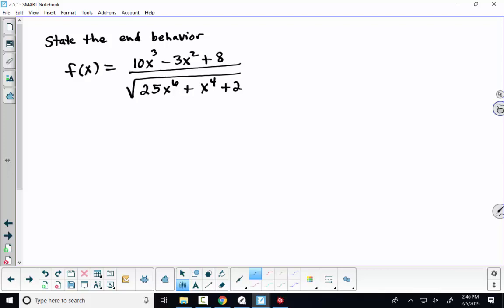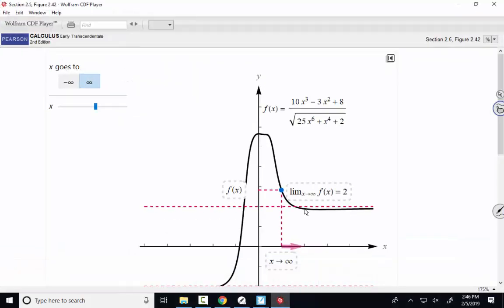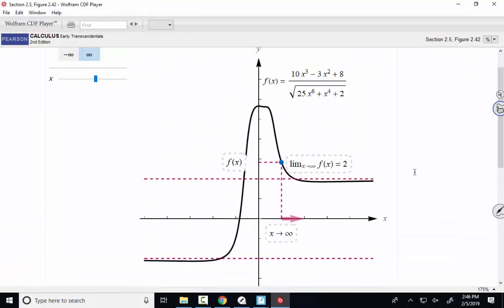There's a couple of ways to look at it, and we'll look at it both ways, but here's the graph. If we were to just assume that as I approach infinity and negative infinity, it's only going to have one horizontal asymptote, that's an incorrect assumption. Here is that function.